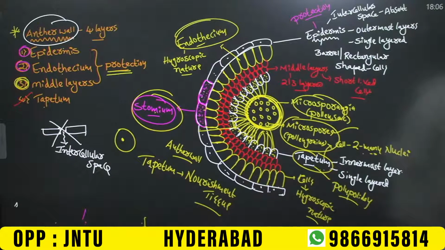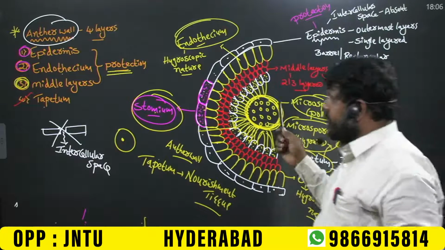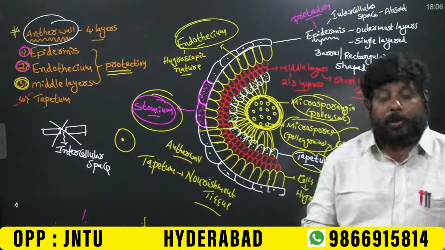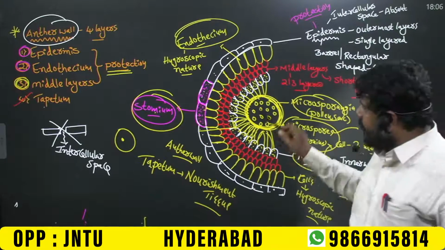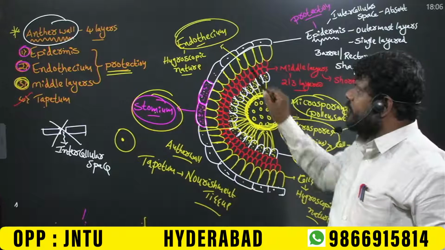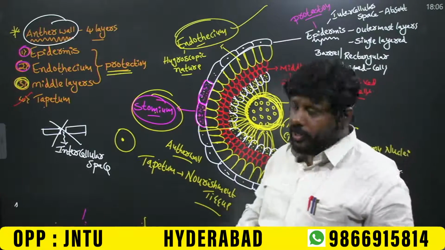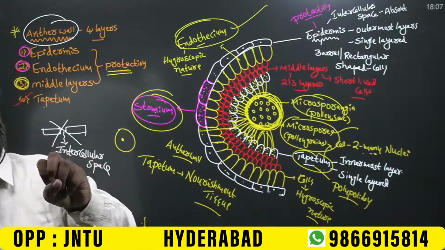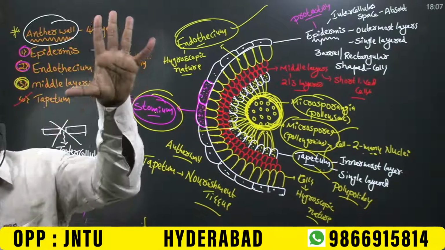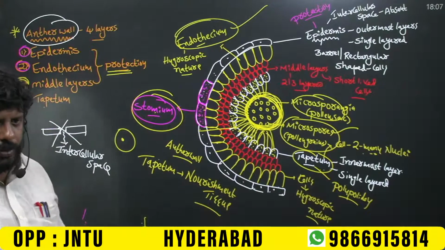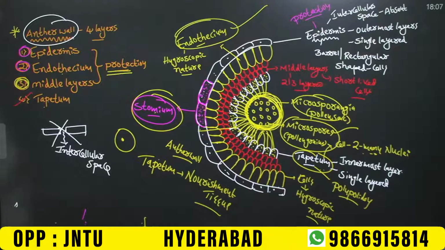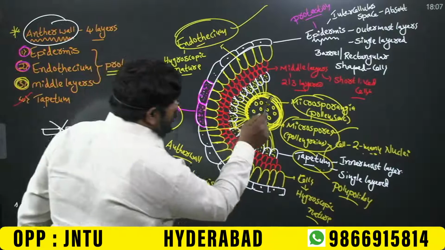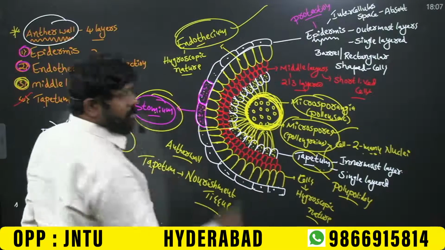Here, two points. Microsporangia dehiscence takes place at the stomium, but for the dehiscence, this endothecium is required. Here the cells are hygroscopic in nature. The cells absorb moisture, swell, and finally rupture. So this is the structure of anther wall. So the anther wall is finished, along with the microsporangia.